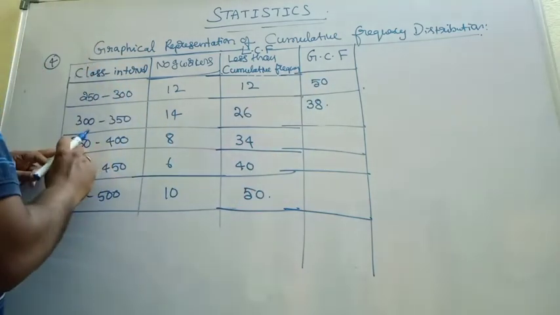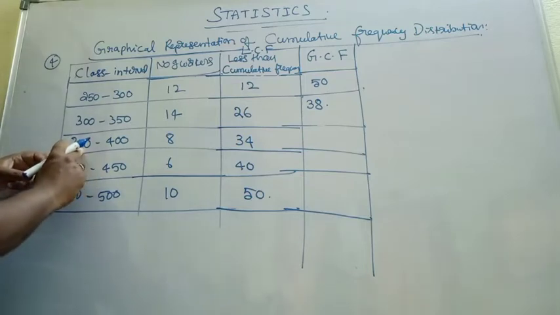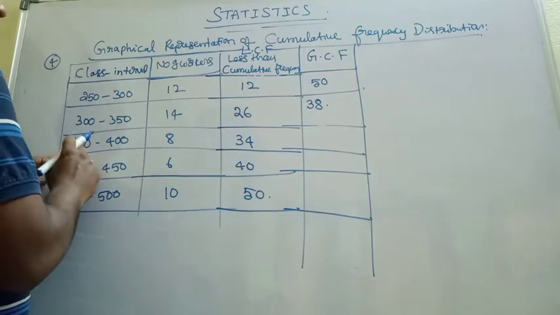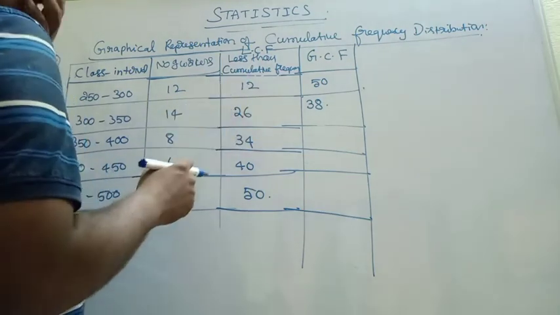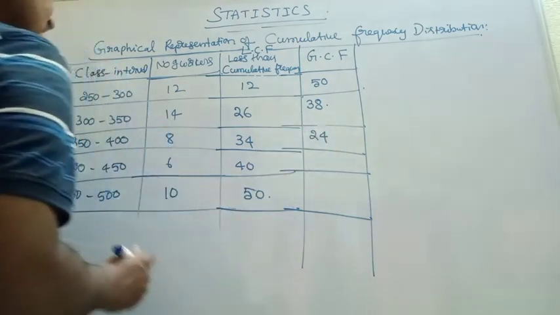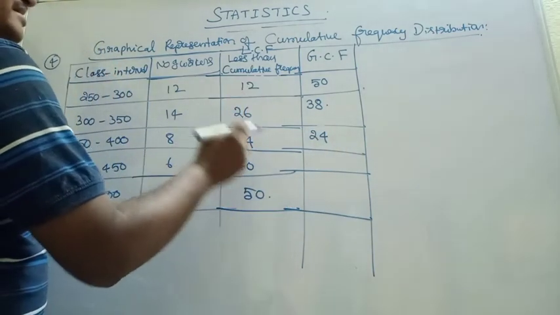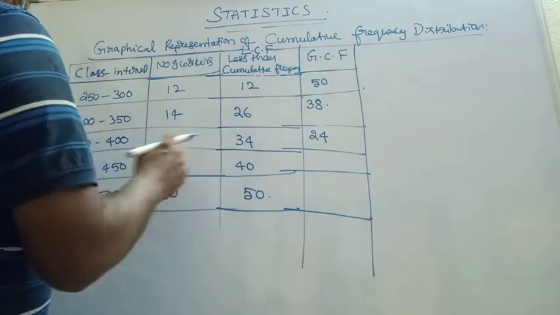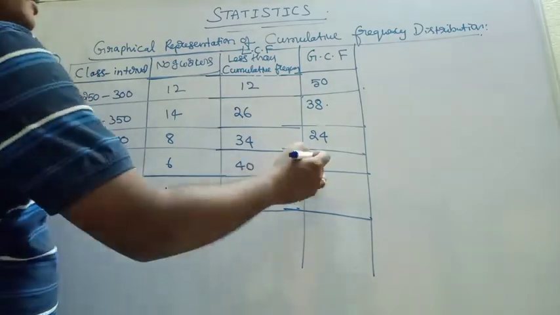Next, greater than 350. For this, 50 minus 26, that will be 24. Now greater than 400 means 50 minus 34, that becomes 16.